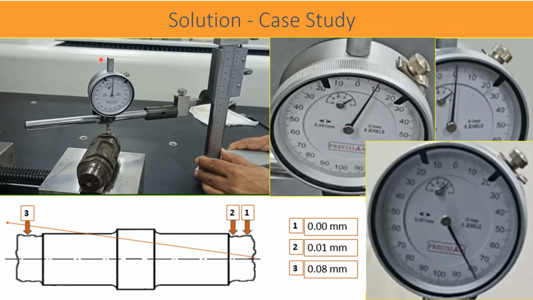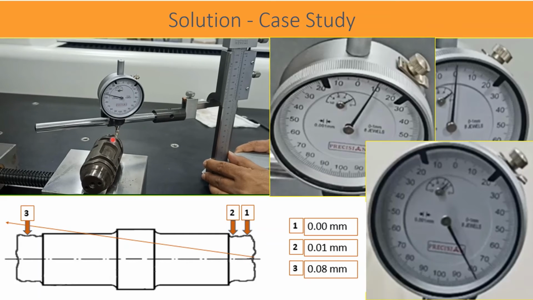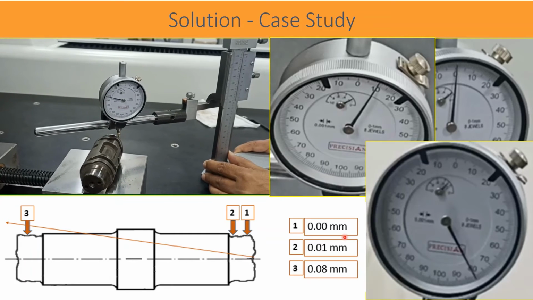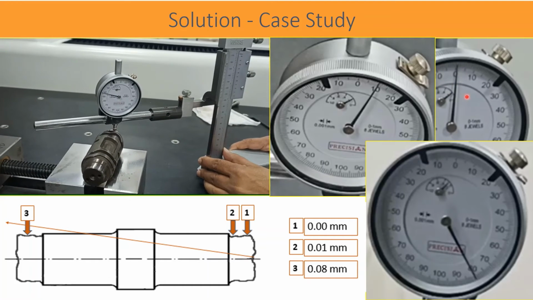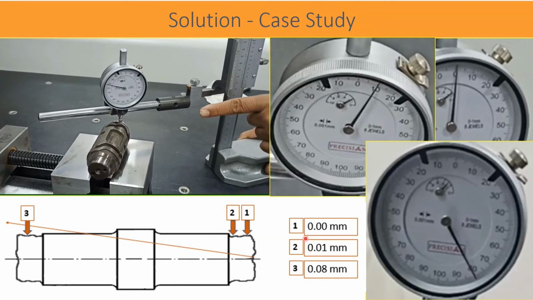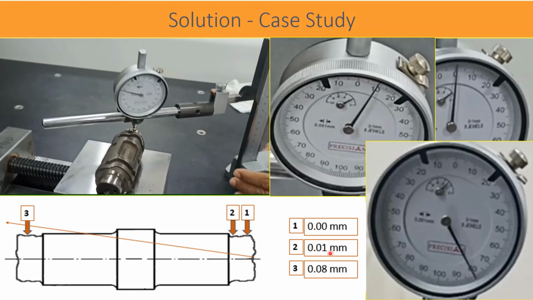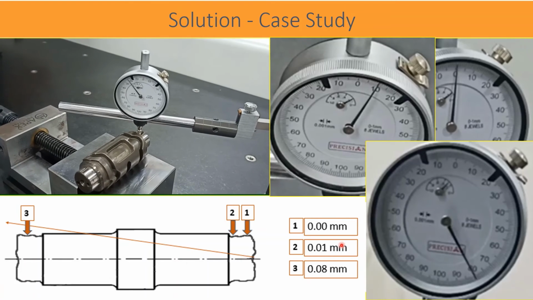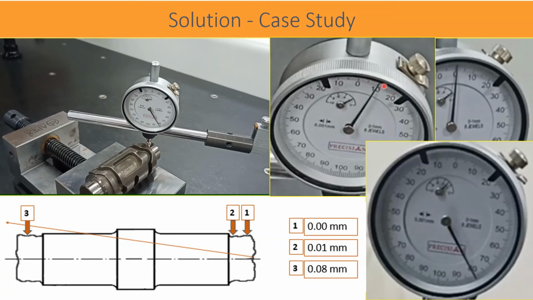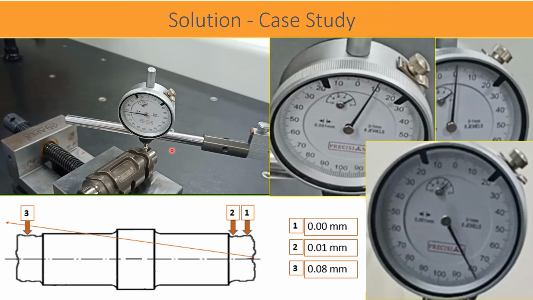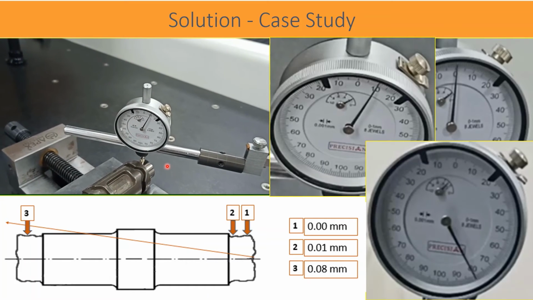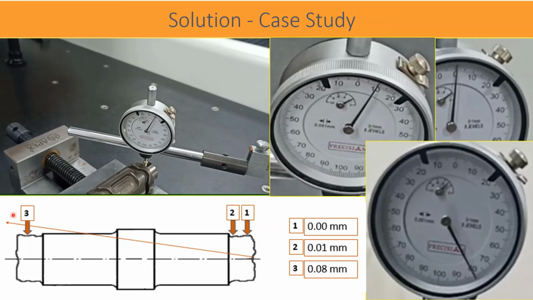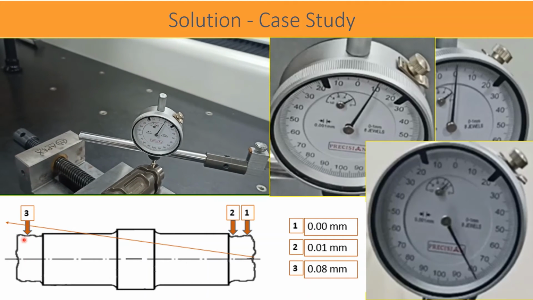The highest point at location 1 is made 0. The reading taken at location 2 is 10 micrometers. The variation is because the part is not physically aligned. Without disturbing it, at the other end cylinder the measurement observed is 80 microns.